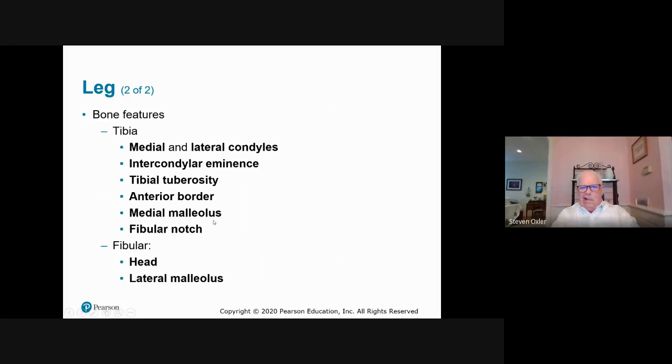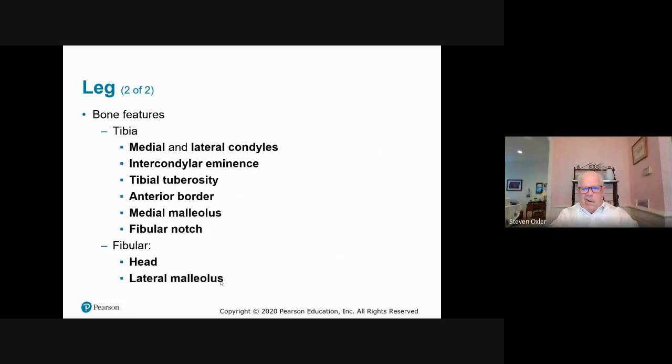The word malleolus in Latin means ankle. So the medial bone of the ankle is the tibia, the medial malleolus. The lateral bone of the ankle is the fibula, the lateral malleolus.